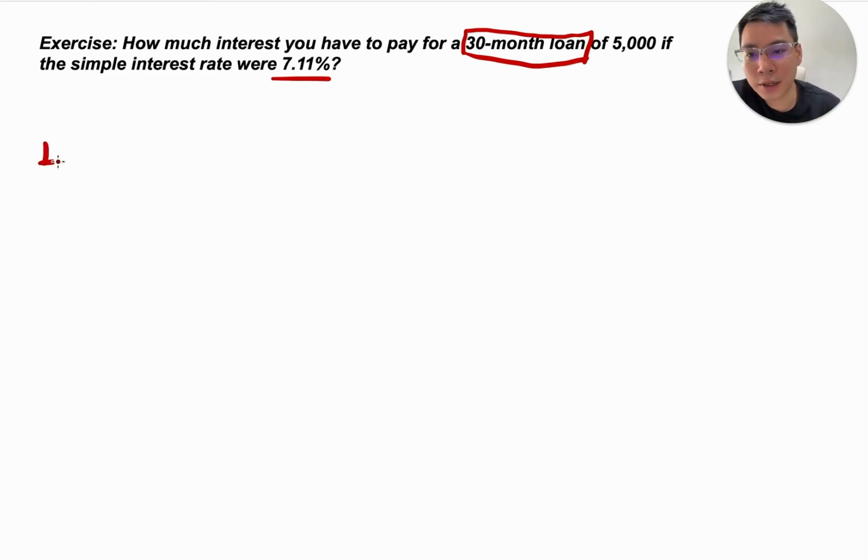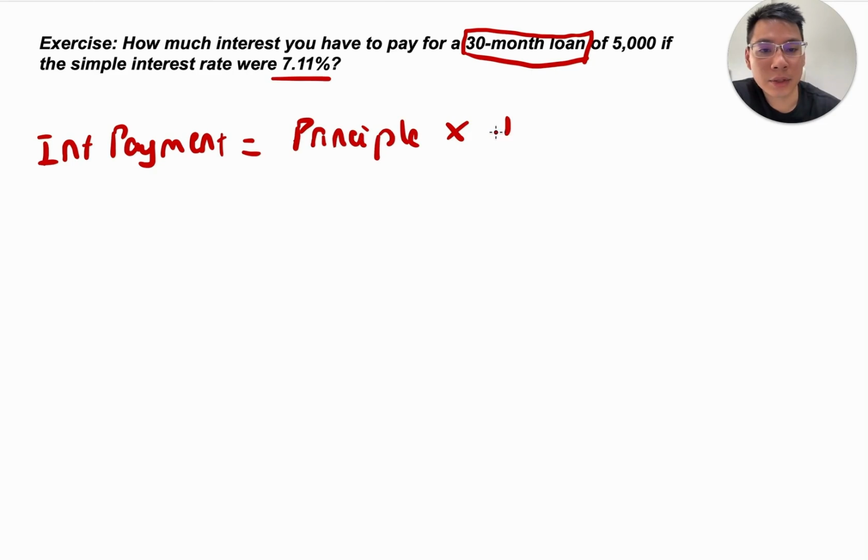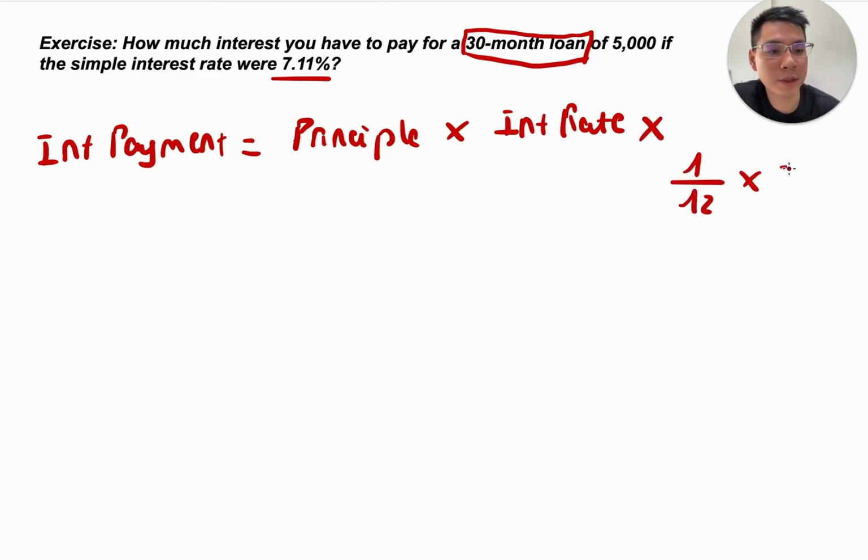So you're going to set up the interest payment. Payment equals the principal times the interest rate, and then I'm going to add one to it. You have to times 1/12 period, and you have to times 30 months. So you have to add this part into your equation. What's our principal here?